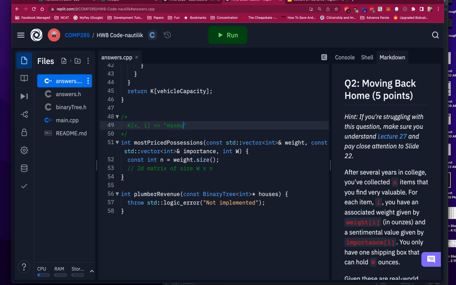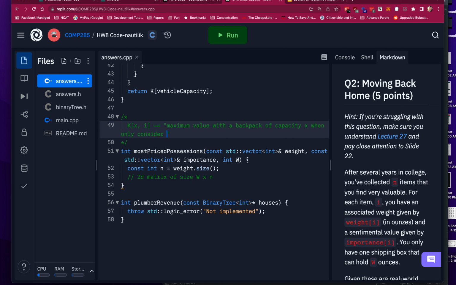So this is the maximum value with a backpack of capacity x, when only considering items 1 through i, right? So I'm not even looking at all the items. I'm actually looking at fewer items, only 1 through i, and again, only for capacity x. So this is a much smaller problem. They're all problems that are the same as the original problem, but they're smaller problems, okay?